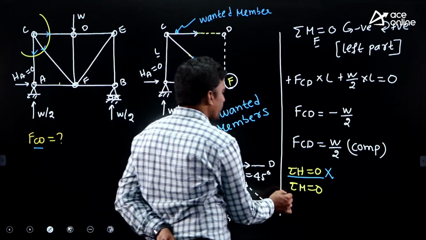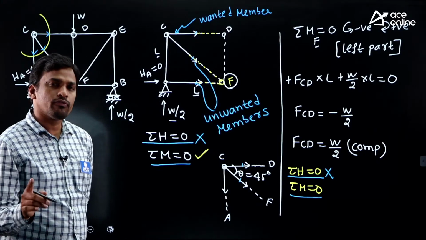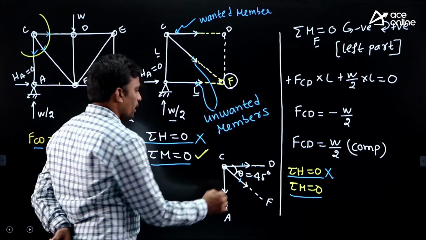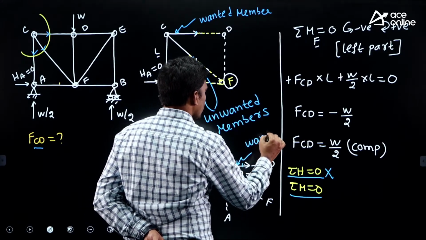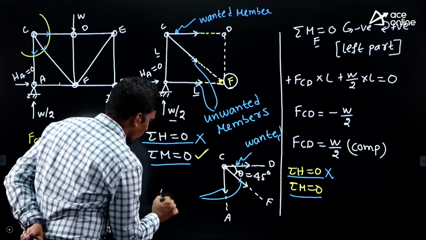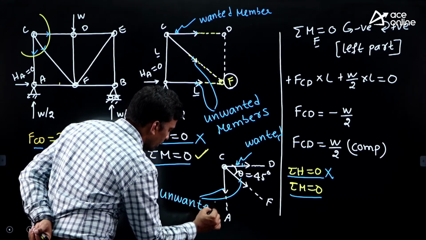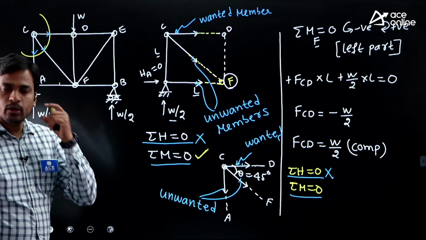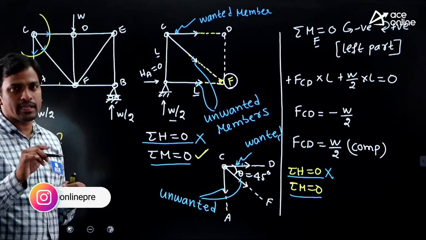But here there is more than one horizontal cut member, so sigma H is not possible. Again, we'll try with sigma M. I told you for the moment equilibrium equation, we have to follow the concept of wanted and unwanted members. Now this is wanted, and the rest of the two are unwanted members. For moment equilibrium, all the unwanted members should meet at a single joint.